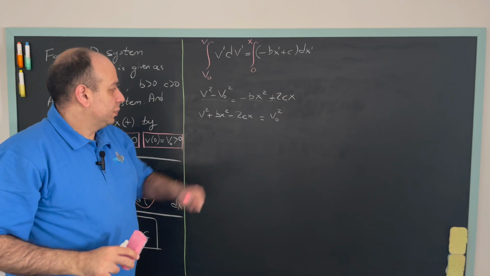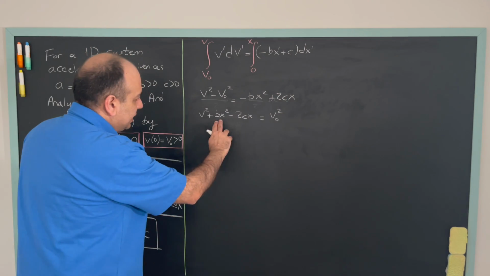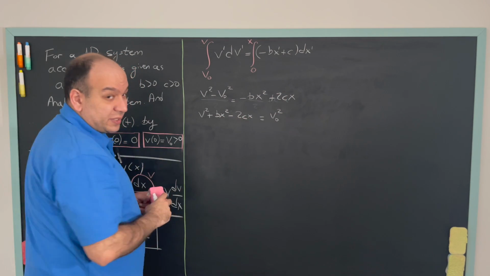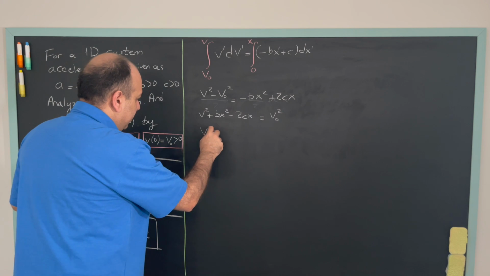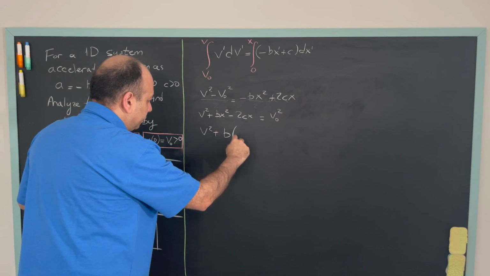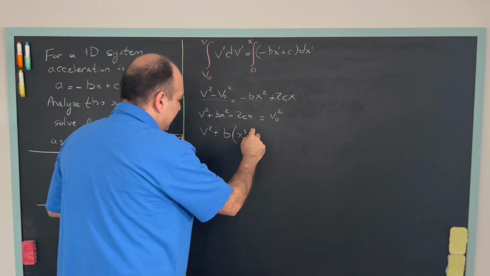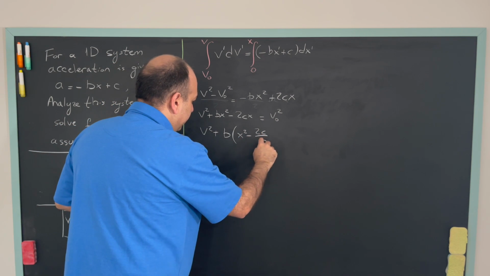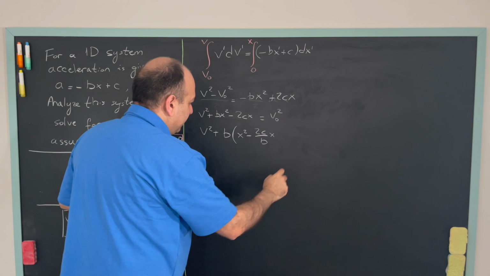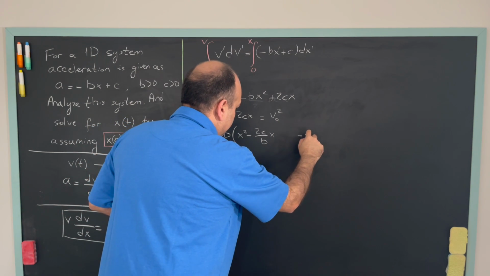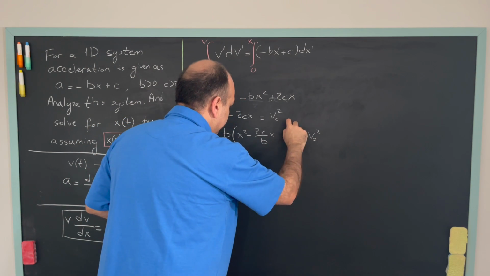Put this v naught square on the other side. It seems like I can complete the squares here, right? Let me put one more line here. I will use b parentheses here. x square minus 2c over b x is equal to v naught square.